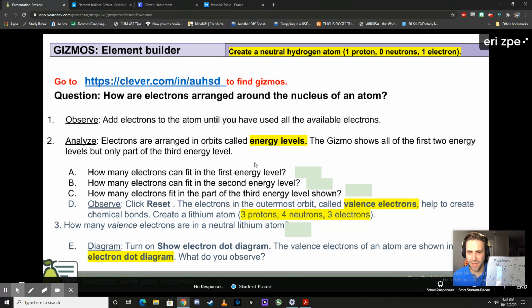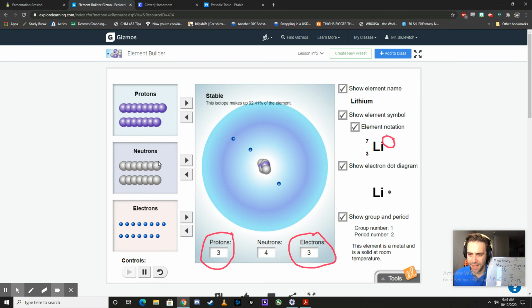Now, how many valence electrons are there in a neutral lithium atom? Okay, so we're looking for the outermost orbital. Let me just draw the orbitals. That's fine.